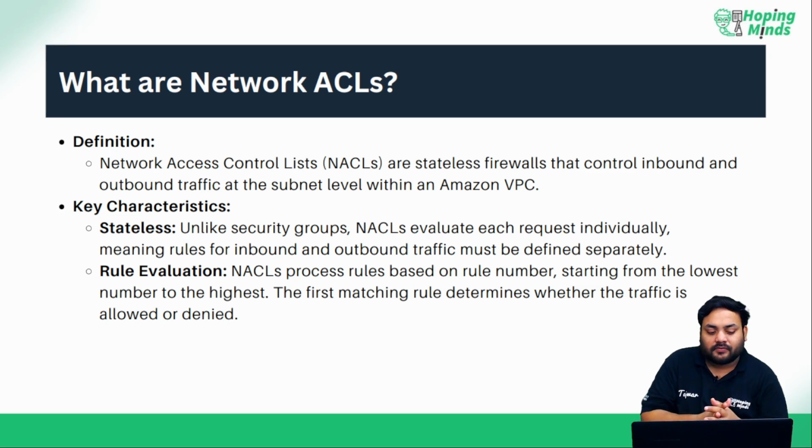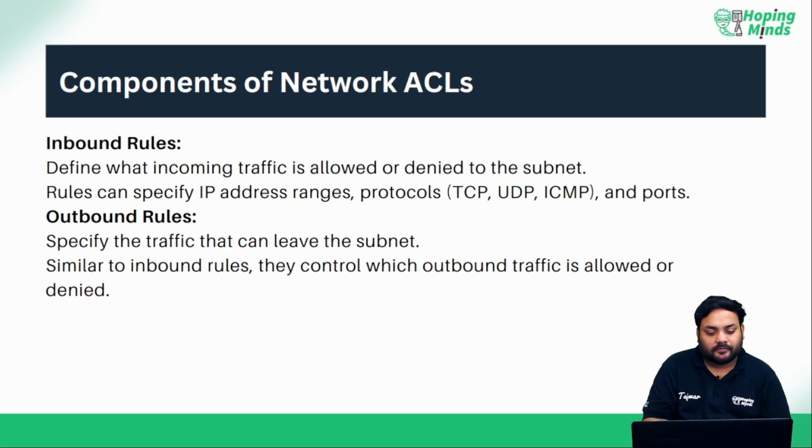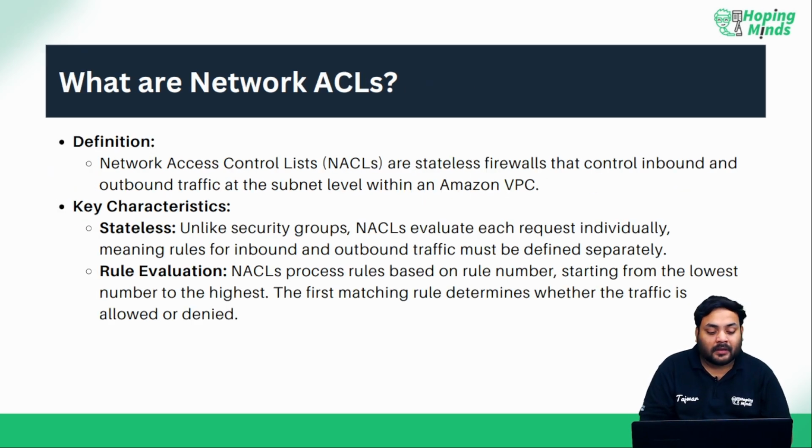So we have stateless rule evaluation, and then we have inbound and outbound. Inbound and outbound we understood in the last session when we were talking about internet gateways and route tables. But when we talk about stateless, unlike a security group, a NACL evaluates each request individually. With security groups, we were just setting everything in a single go.